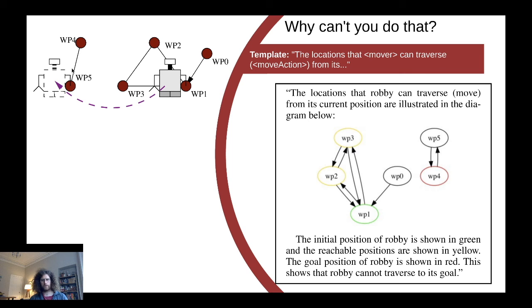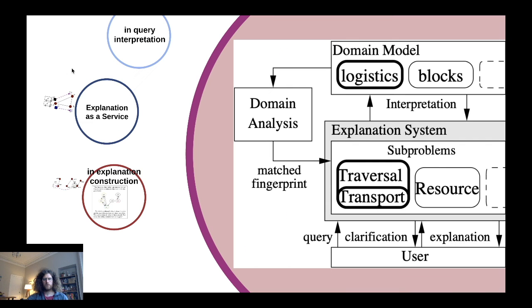The instantiated template then becomes the location that Robbie can traverse, move. So Robbie here has been injected from the problem object, and move is the domain action name. From its current position are illustrated in the diagram below. Green is the initial position of Robbie, red is the goal, and the reachable locations are in yellow. And so you can clearly see why they can't reach their goal.